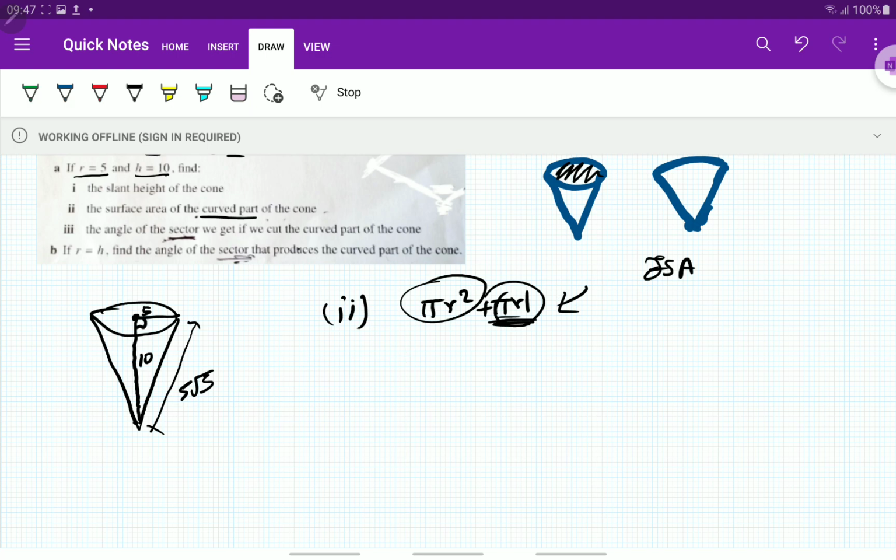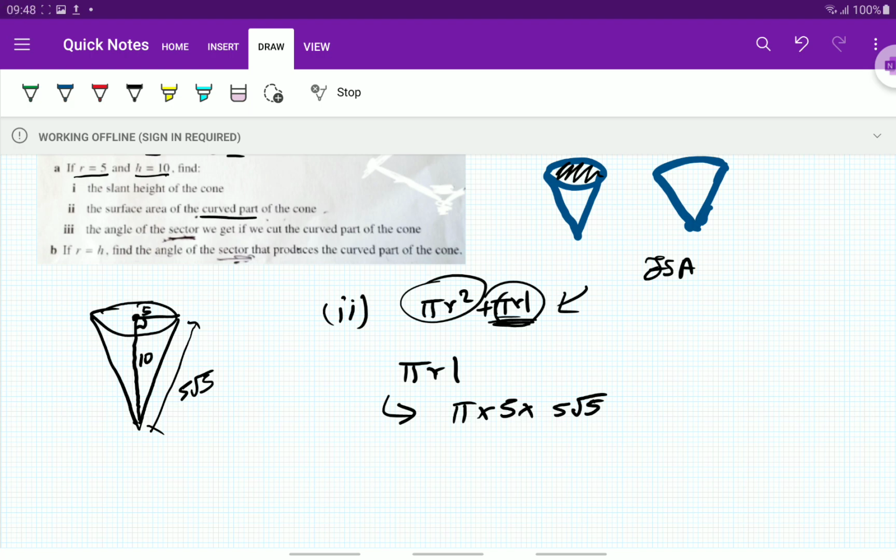So let's take pi r l. Okay. And let's substitute our information in. Pi r l, okay. So pi multiplied by r, which is 5 in our case, into l, which is our slant height, 5 root 5. So doing this will give us 5 into 5 root 5 into pi.